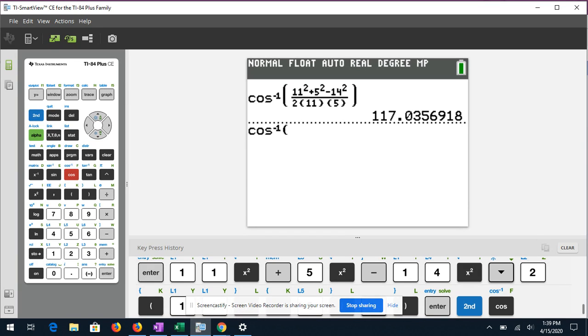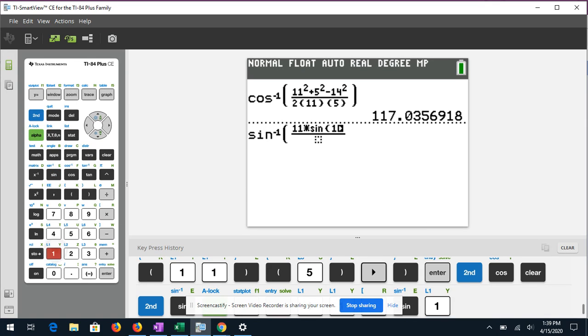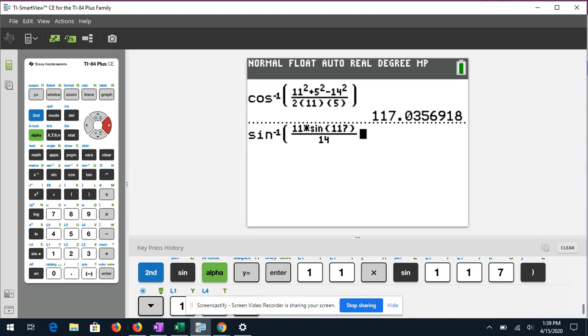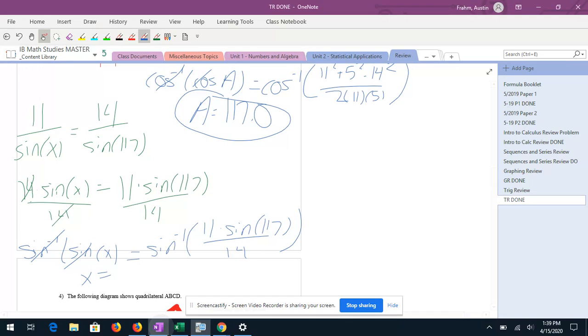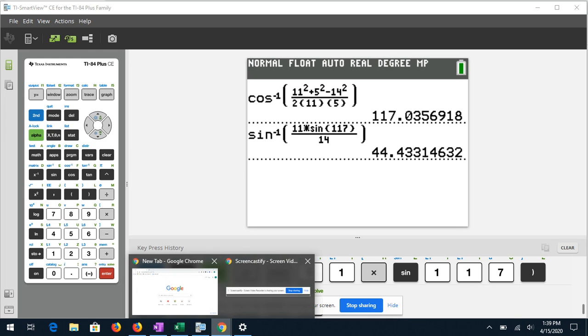So sine inverse, 11 times the sine of 117 divided by 14. Round to 3 sig figs, it comes out to be 44.4 degrees.